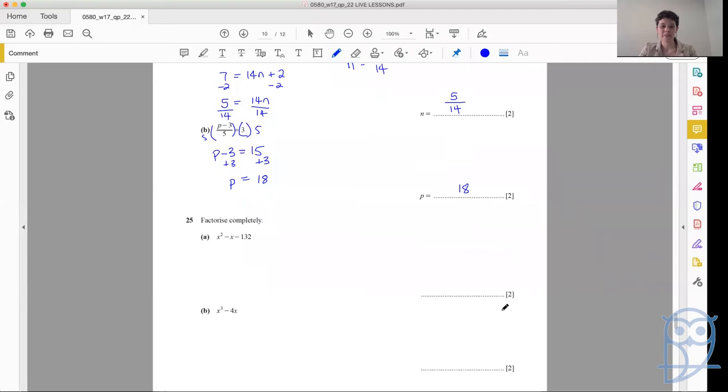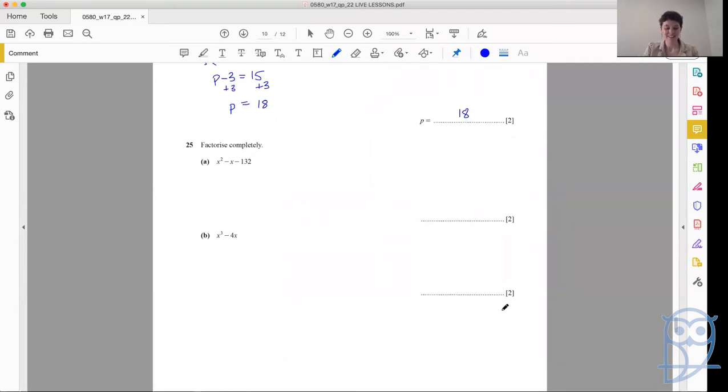So, next one. Factorize completely. First one, quadratic, ax squared plus bx plus c. We're going to have to go for 2 brackets. So we are looking for factors of 132 that subtract to give us 1.